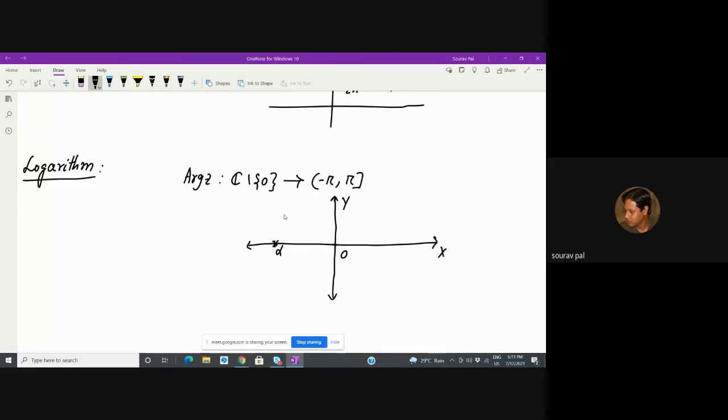If you have a sequence of complex numbers, Zn, that converges here from the second quadrant to alpha, and if you have some other sequence, say Yn, that converges to alpha from the third quadrant, then what should be the limit? What should be the argument?